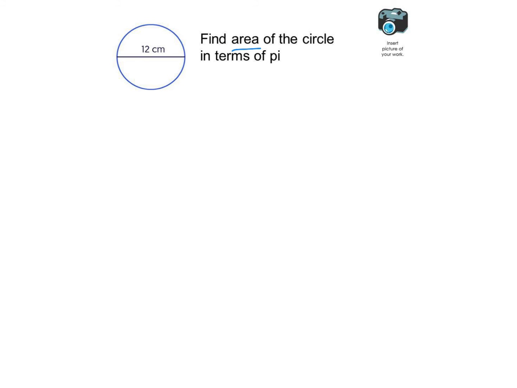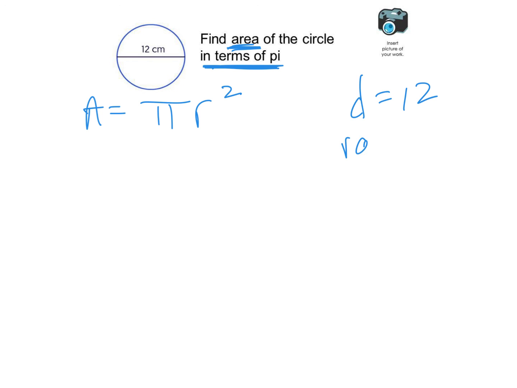Okay, so this one says, find the area of the circle in terms of pi. That means leave pi in your answer. Formula for area of a circle, area equals pi r squared. So you have to find the radius. We are given a diameter of 12. The radius is half of your diameter, so if your diameter is 12, then your radius is 6.